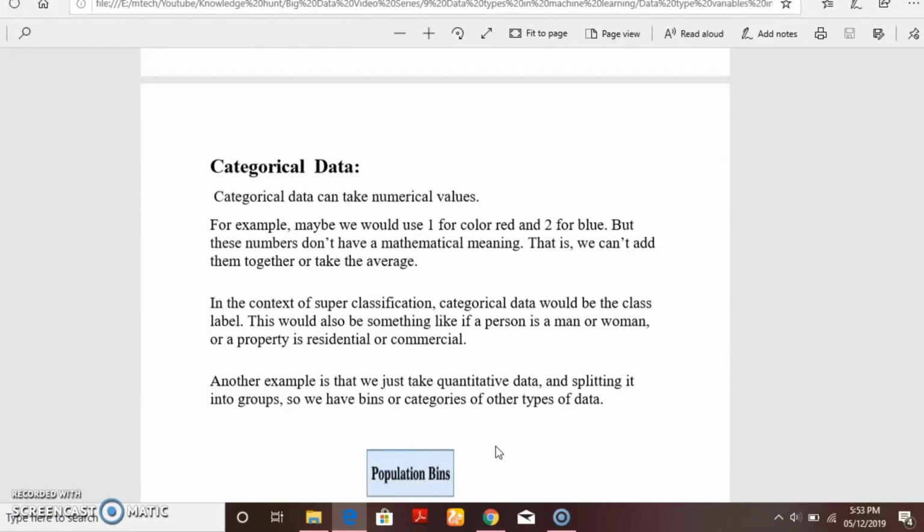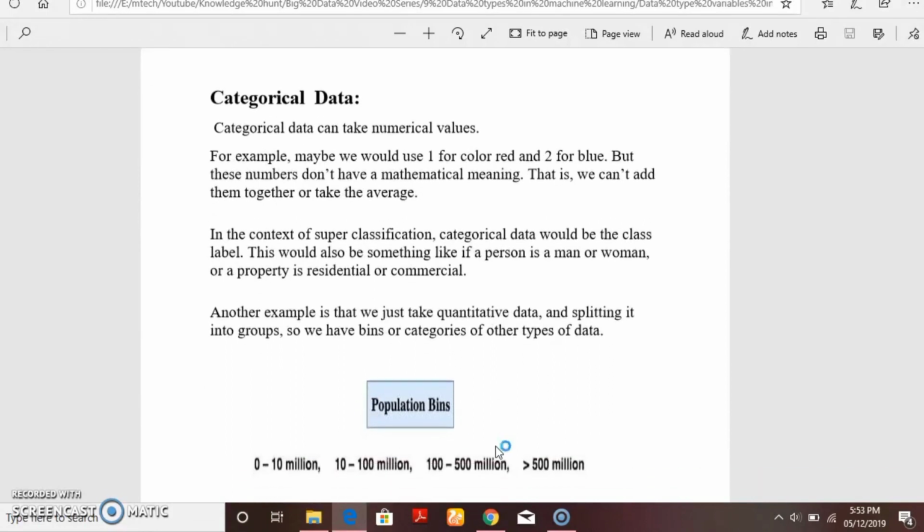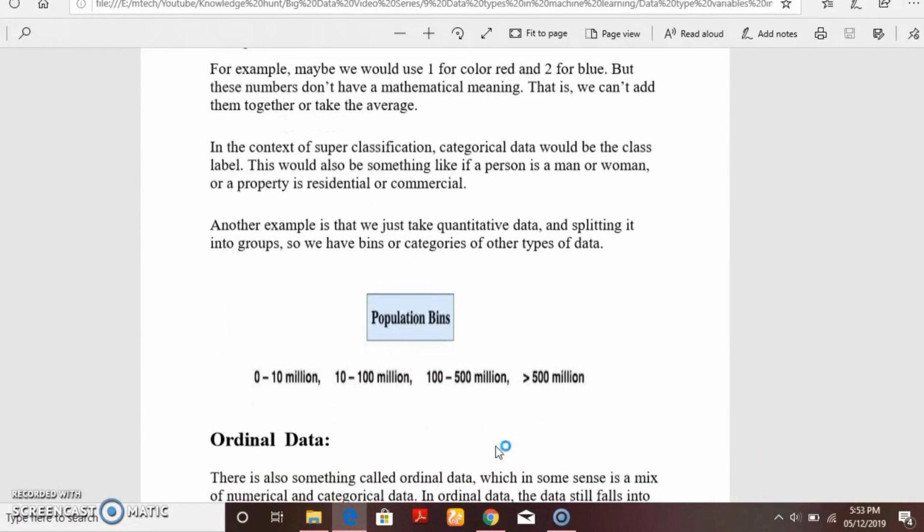We can also see it as quantitative data split into groups. We are taking numerical data but splitting it into different groups, like 10 red balloons, 20 blue balloons, denoted by numbers. Consider the population: 0 to 10 million, 100 to 500.